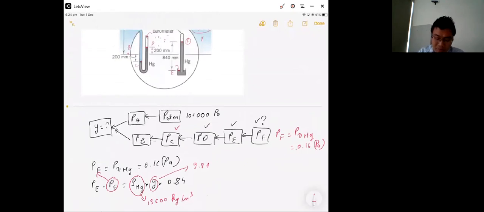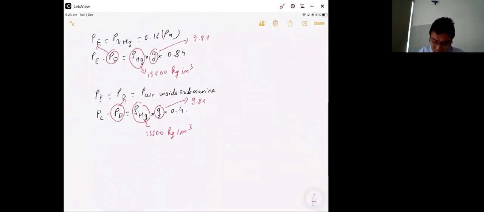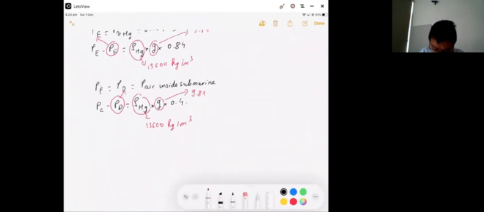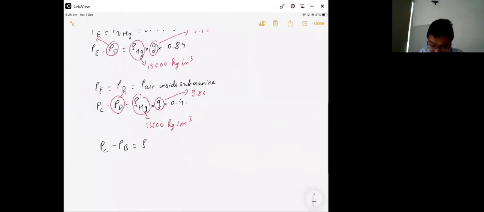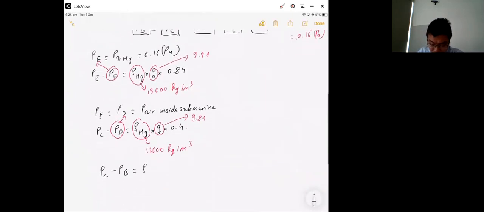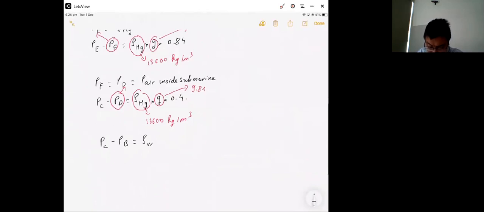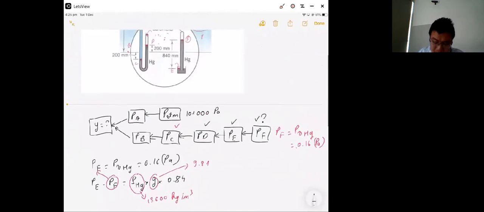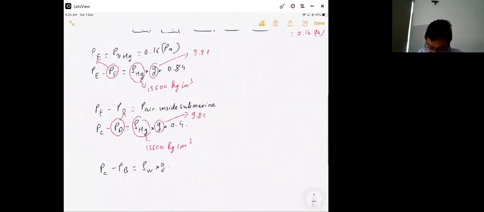From PC you find PB. Between B and C, C is below B. So you will have PC minus PB equal to rho, but now between B and C is water, seawater, not mercury. You see the blue color here. So this is the density of water times g times the distance between B and C, which is 200 millimeter, or 0.2 meter.